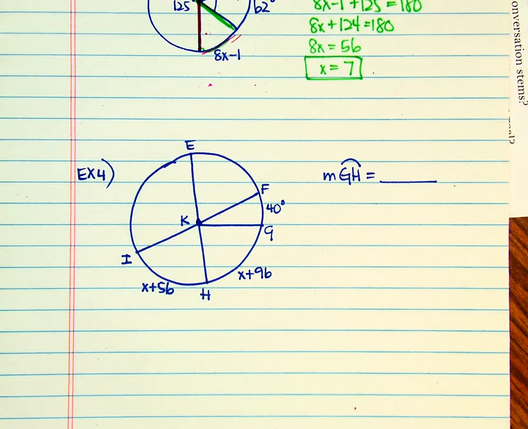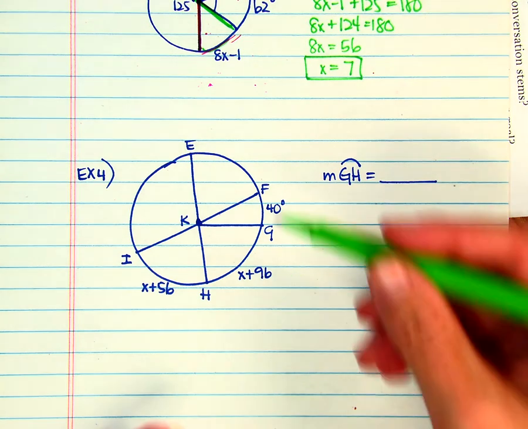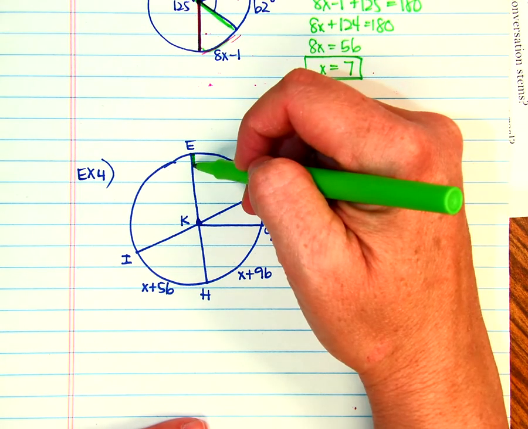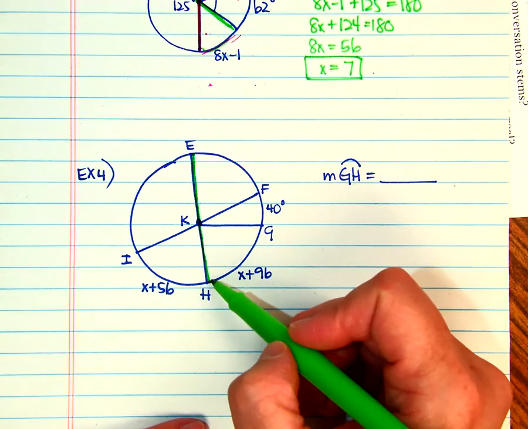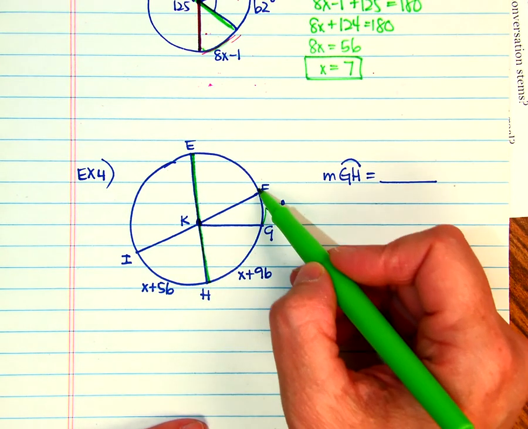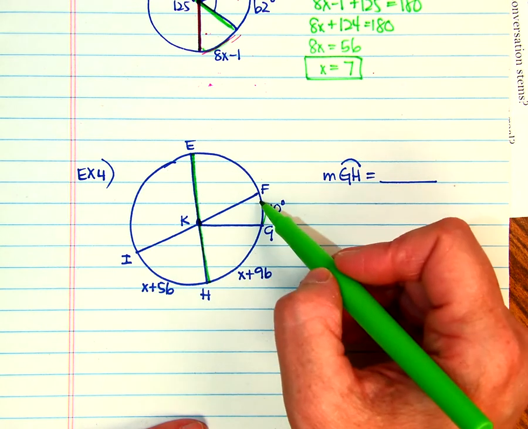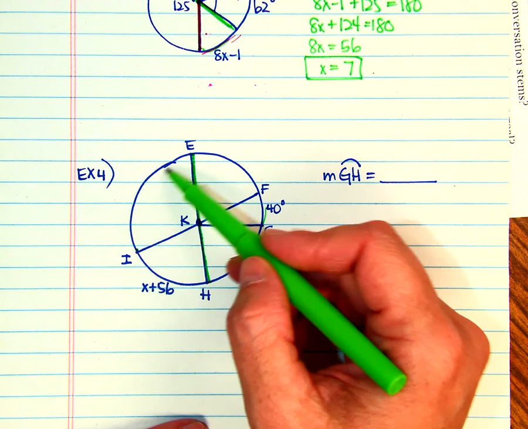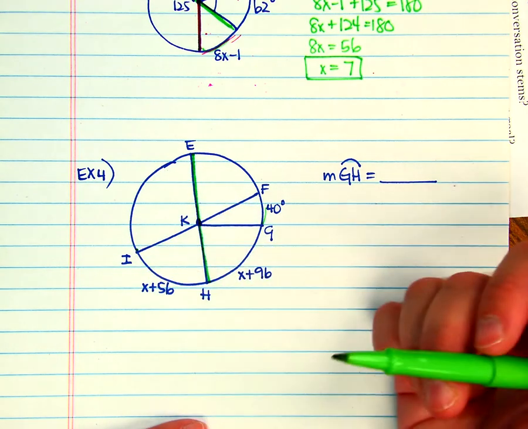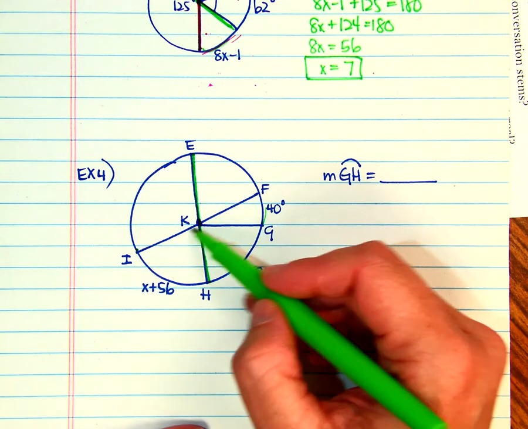Again, we want to pay attention to the diameters. So I have this diameter here. And if I use that, I have this arc. I'm missing that one. And if I look at this half, I have this one, but don't have this one. Also keep in mind what we're dealing with on all of these examples are central angles.